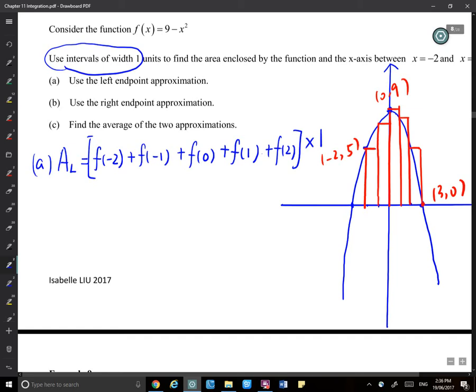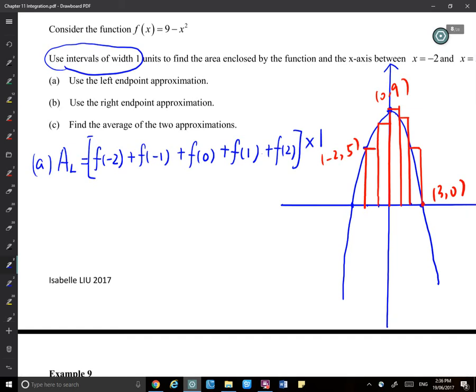We haven't used f(3). If we use left-hand side estimation, we won't use the most right-hand side point. Similarly, if we use right-hand side approximation, we won't use the most left-hand side point. We will miss one point, either the left-hand side or the right-hand side. It will be opposite.